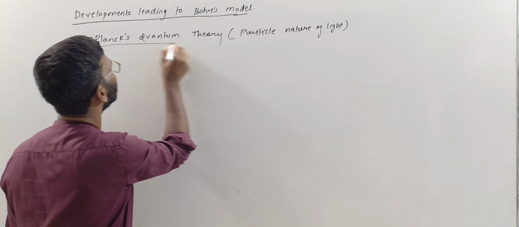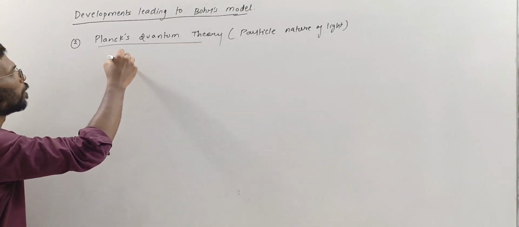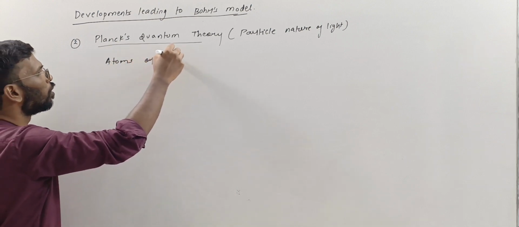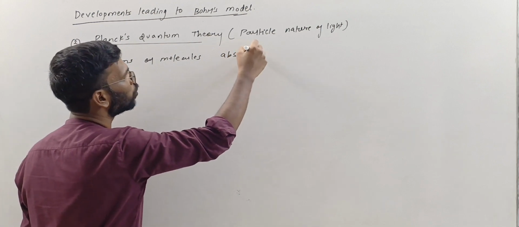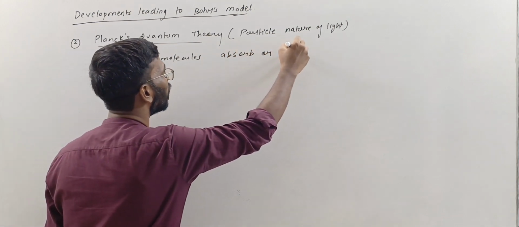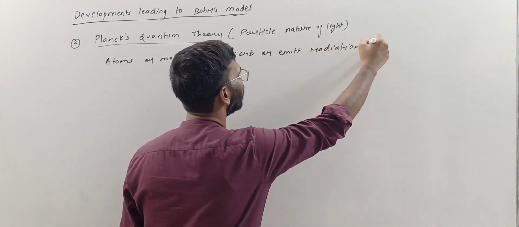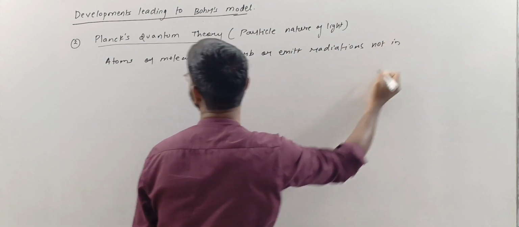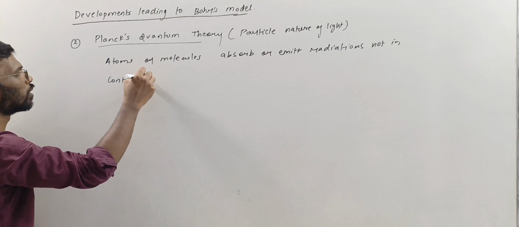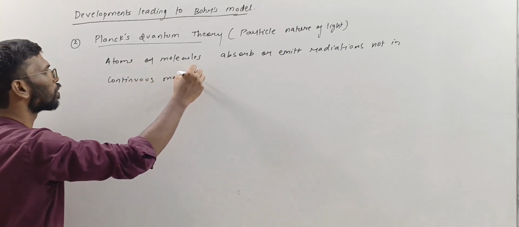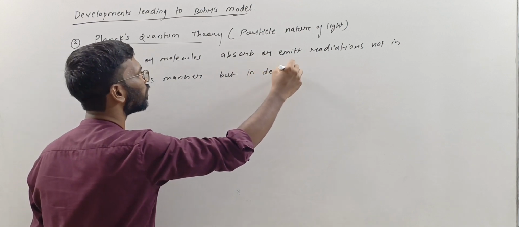According to this theory, atoms or molecules absorb or emit radiations not in a continuous manner but in a discrete manner.